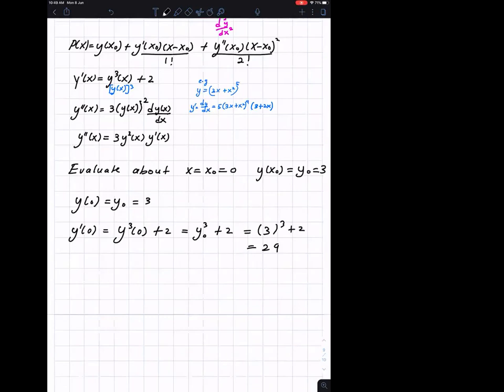Any question, please look at it. Y double prime 0.